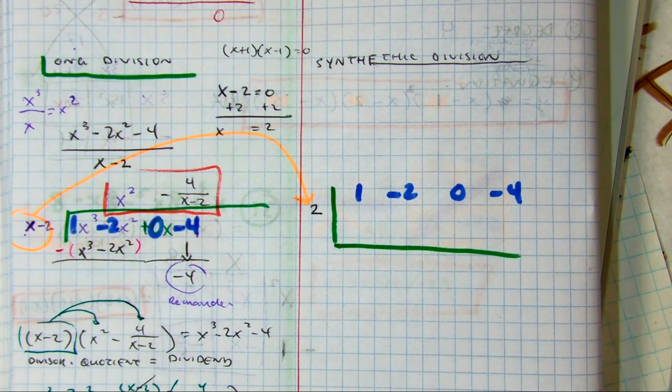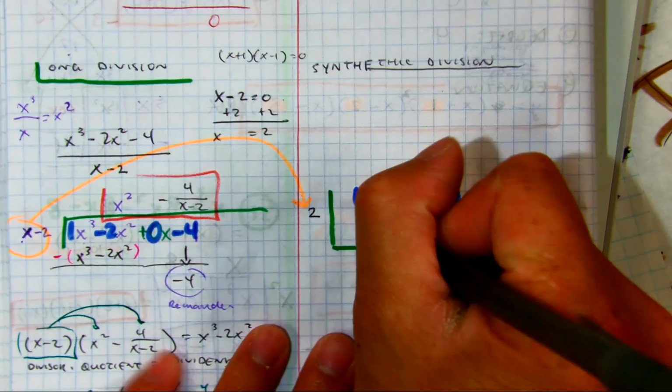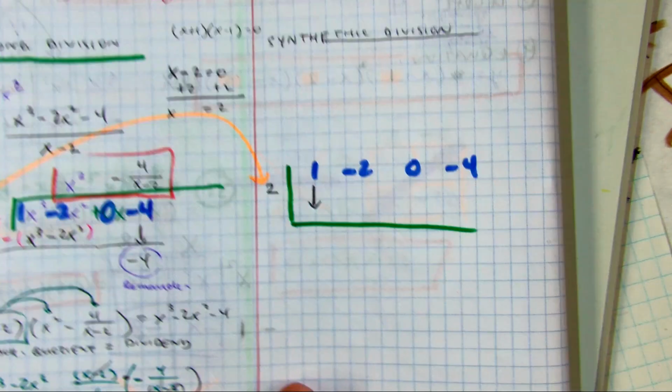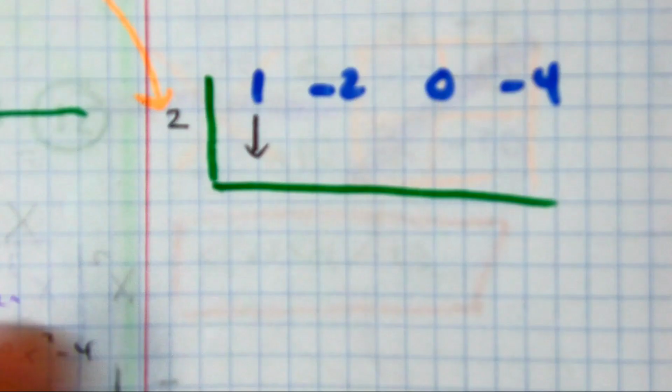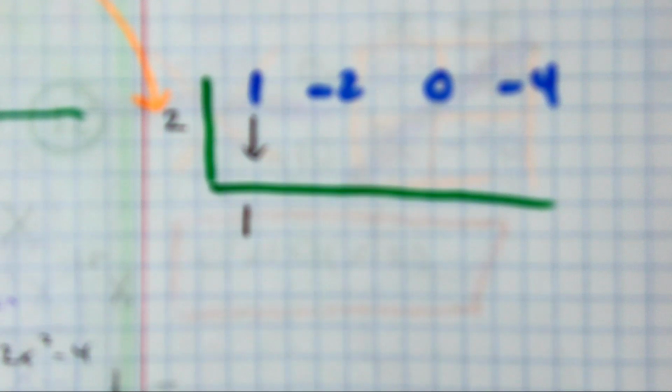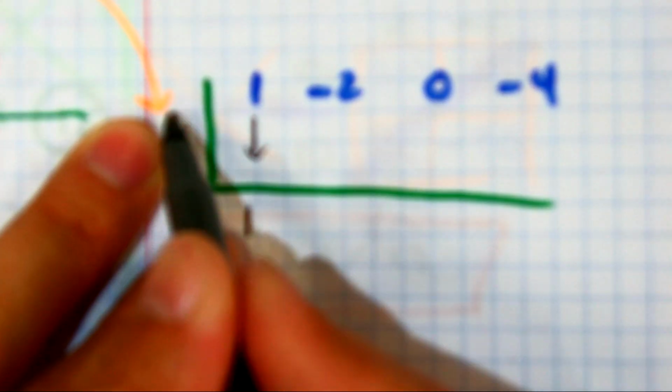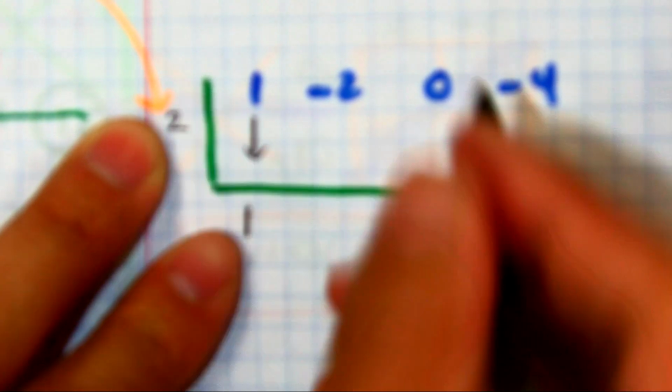Class, what's the next thing we need to do? We're going to bring down the first term. Now I'm going to zoom in here. You put a 1. What do you do next? So this is the diagonal part. Class, 2 times 1? 2. Put it here.